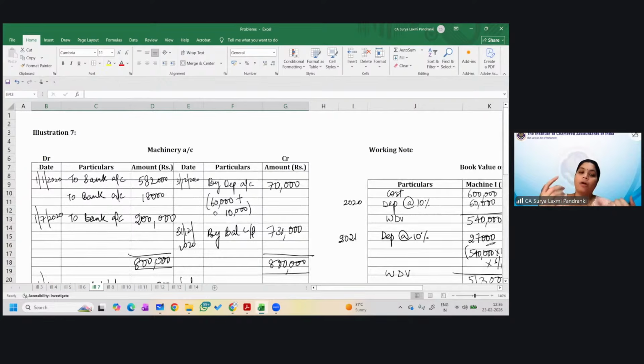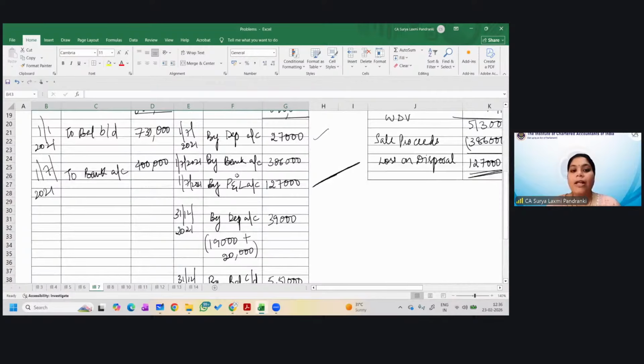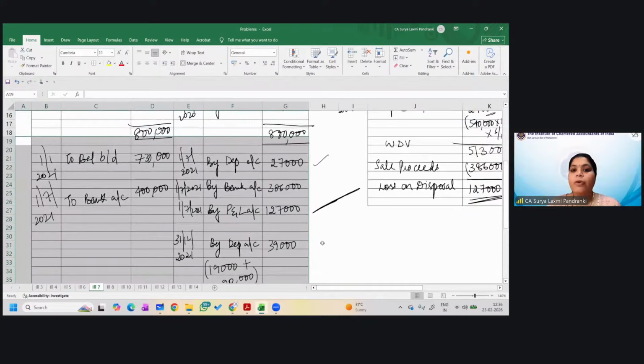So in this question, what happened? You had different machines purchased in different time slots, but calculating the depreciation appropriately is more important. You provide depreciation for 6 months or 1 year, depends on how long you have used the machinery. And this part is very important in this question. I think this is the new part that we have done, wherein when you have sold the machinery, the depreciation on that has to be provided till the date of disposal.